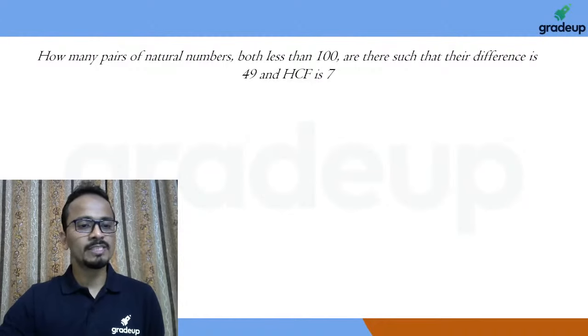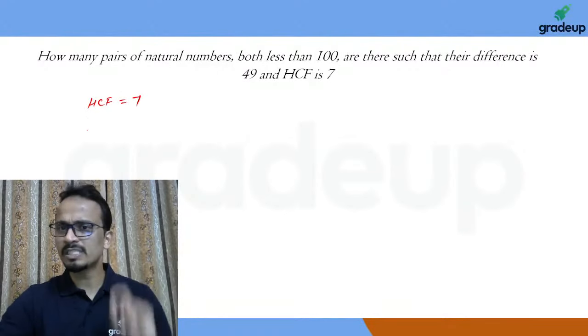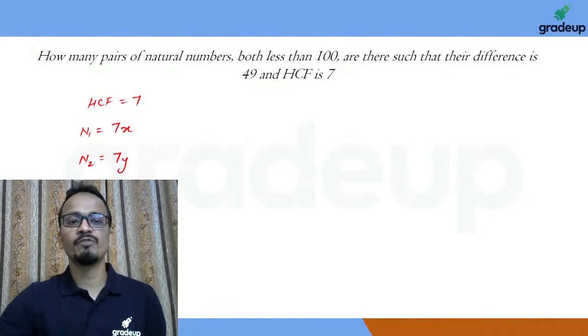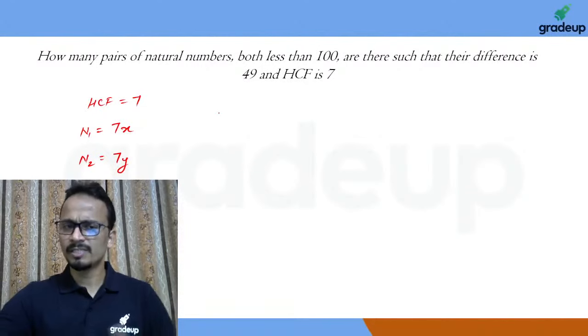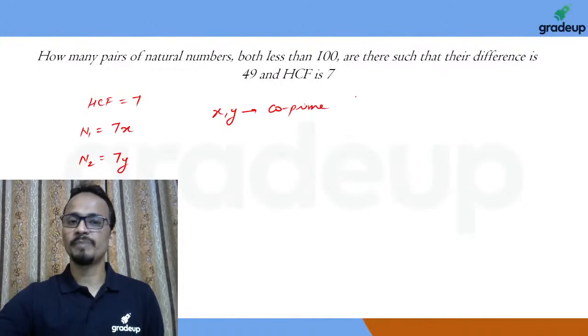Okay, so since the highest common factor is given as 7, you may start this question by assuming the numbers n1 and n2 as 7x and 7y. Again the same relation will follow between x and y, that they are co-prime with respect to each other.